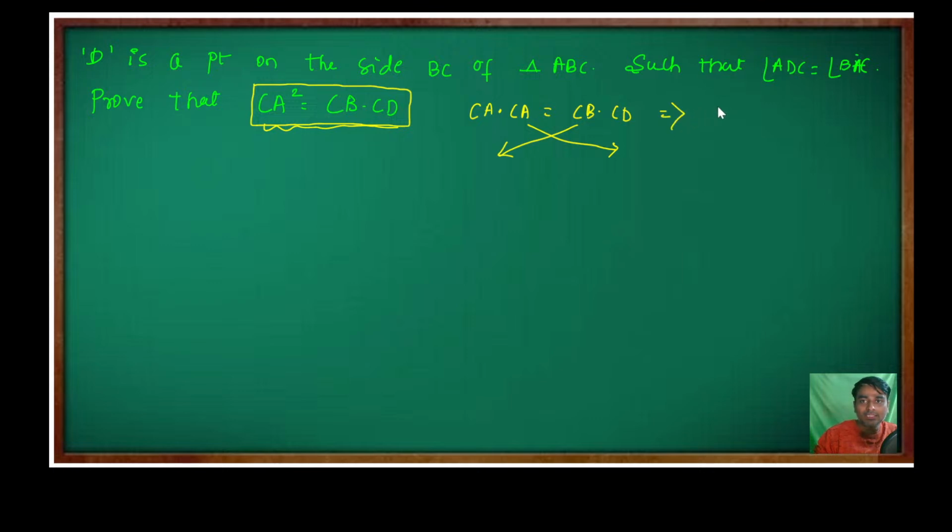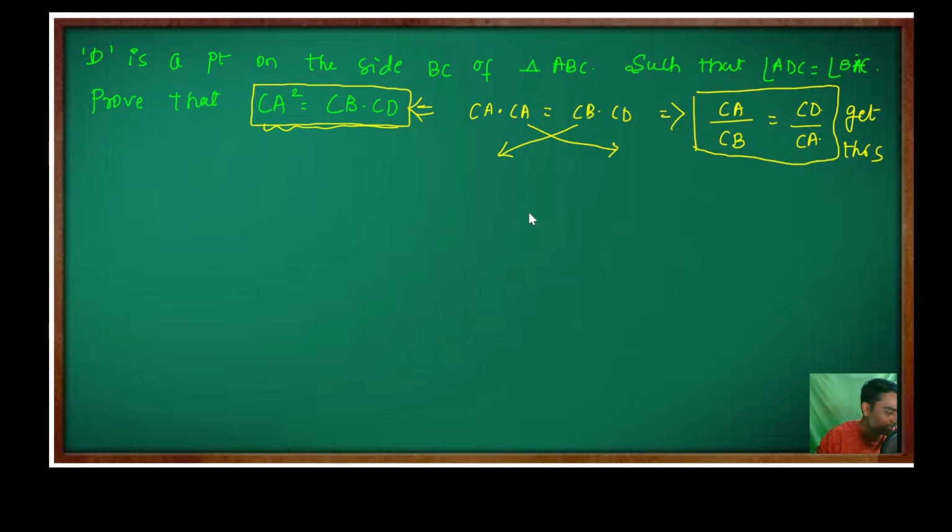So what happens is, CA by CB is equal to CD by CA. This is what you need to get actually. If you get this, then your question is over. Just you need to get CA by CB equal to CD by CA. Once you get it, your answer automatically comes out. So here in this question the answer is there, very simple. So now let's begin the answer.